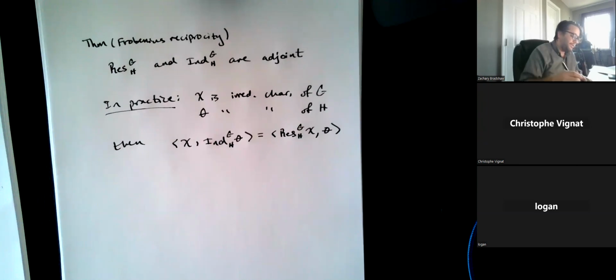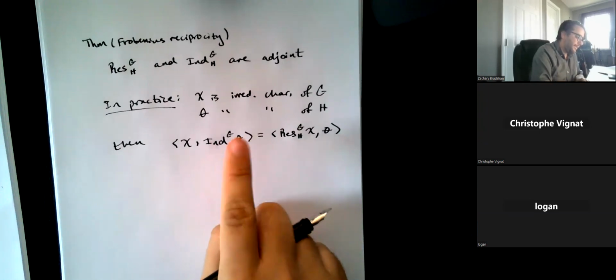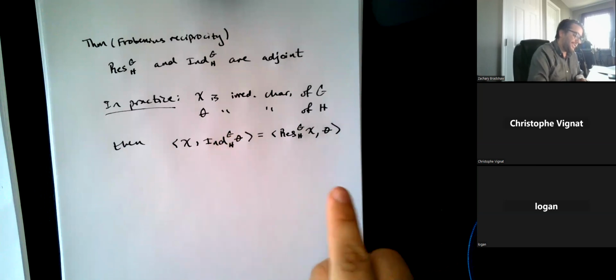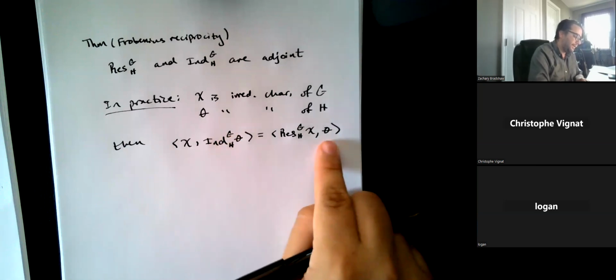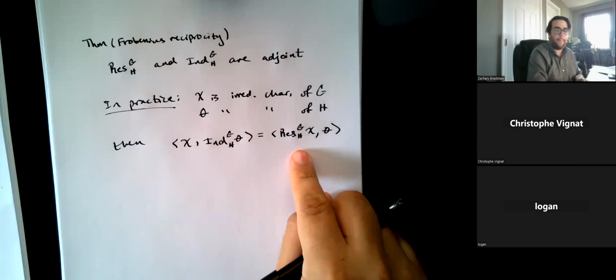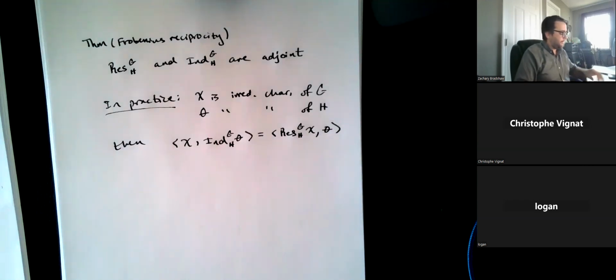And so the multiplicity of chi in this induced map is the same as the multiplicity of theta in the restricted map. Okay.